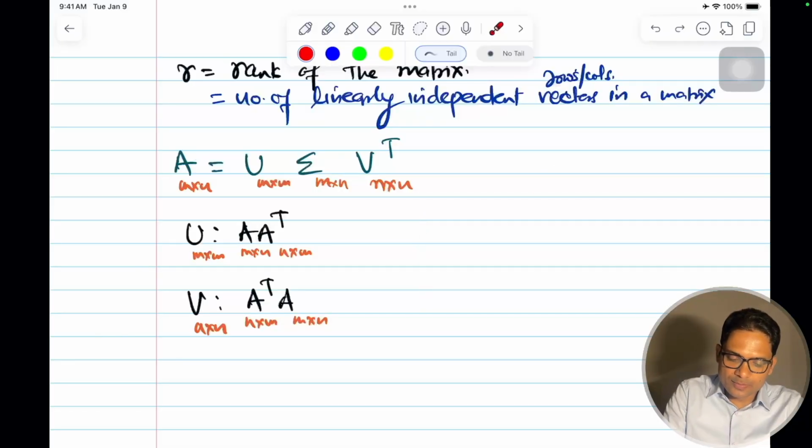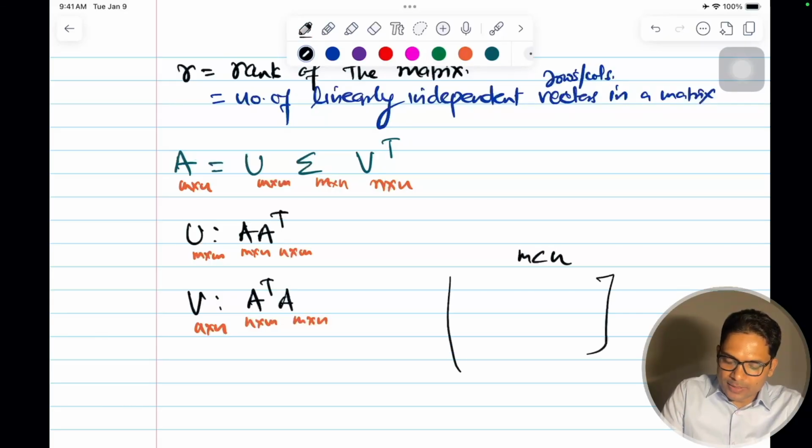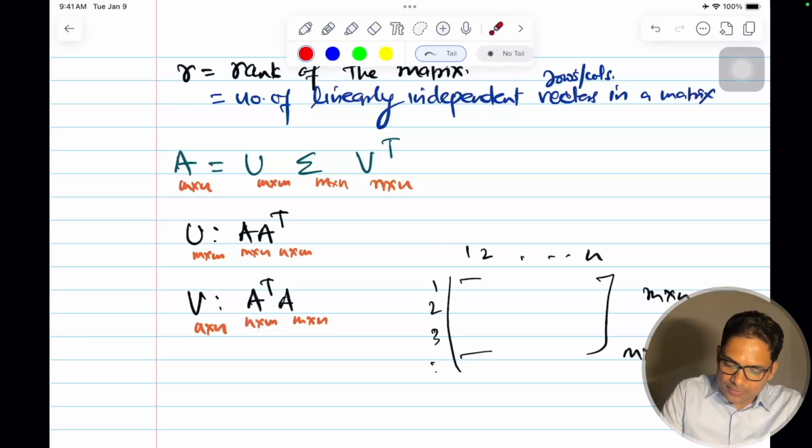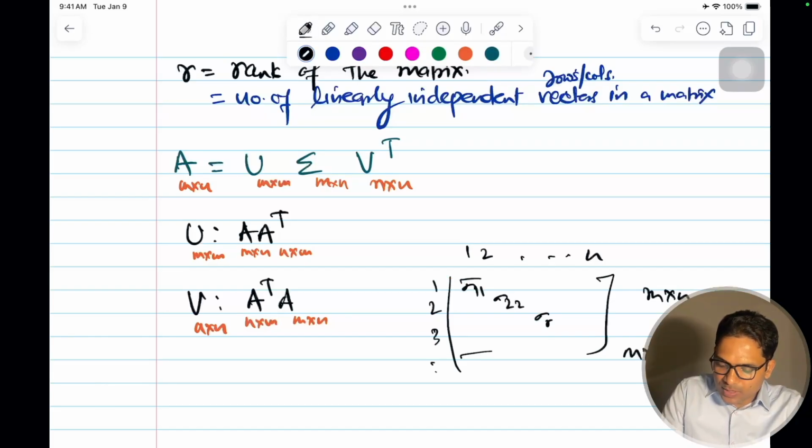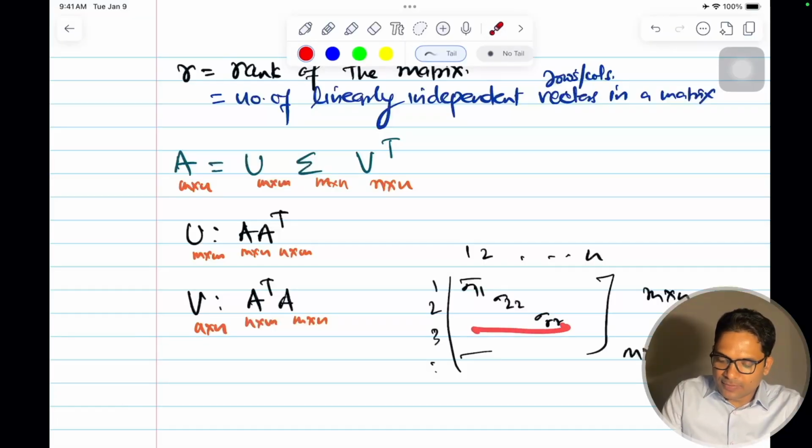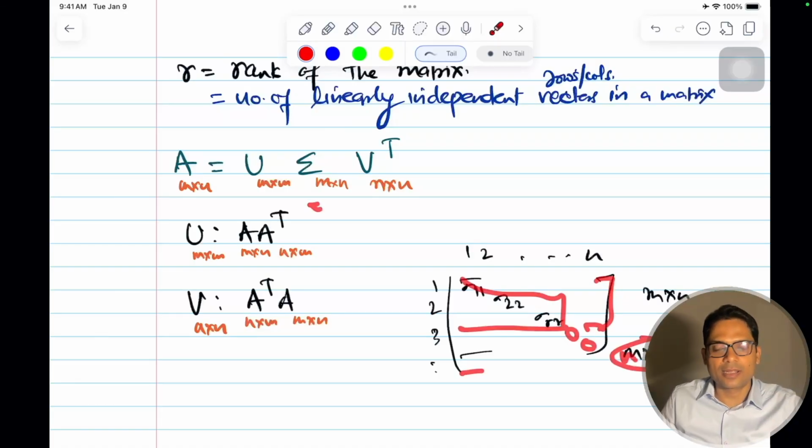So if this is an M cross N matrix, say M is less than N, with dimensions 1, 2, 3 like this till M and 1, 2 like this till N, then whatever the rank r is, you will have sigma 1 1, sigma 2 2, like this till sigma r r, and the rest will be padded with 0 to make it an M cross N matrix, so that this multiplication can happen.